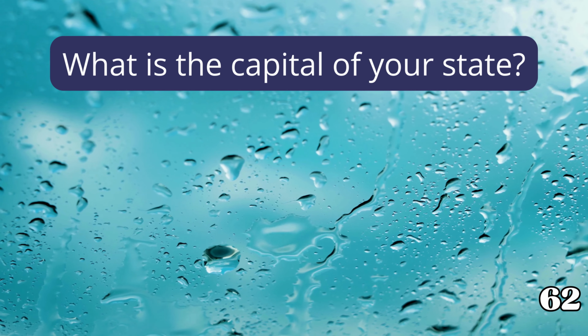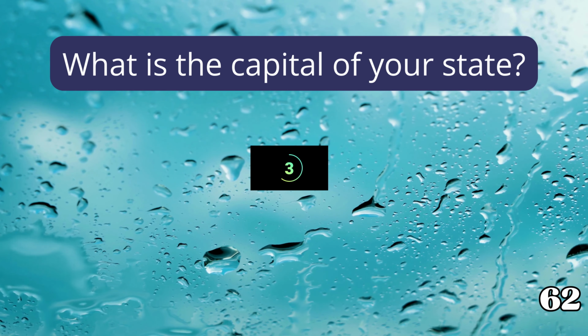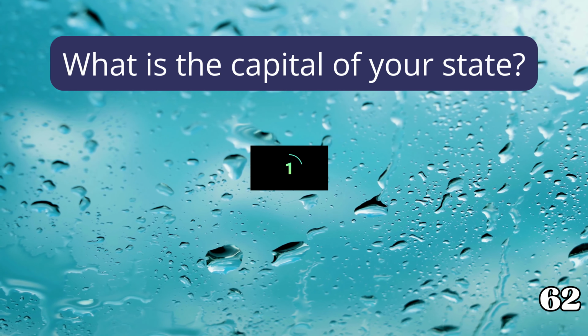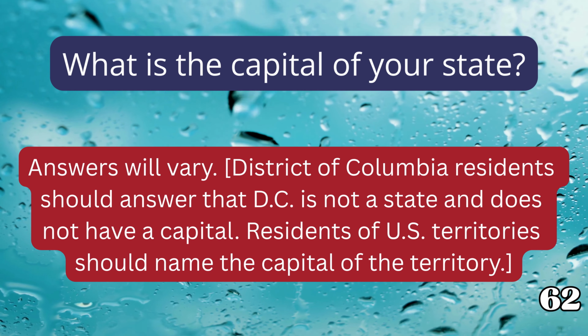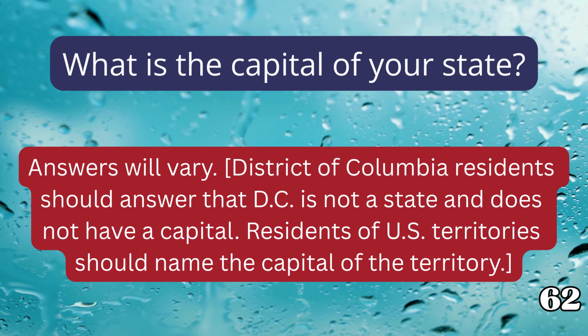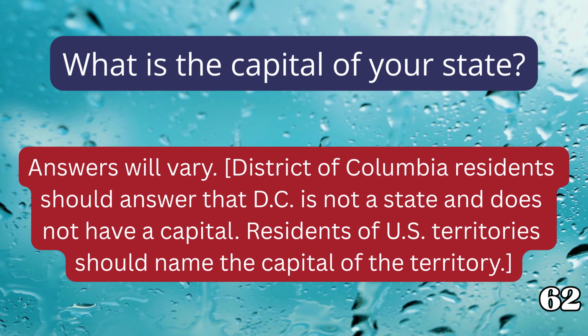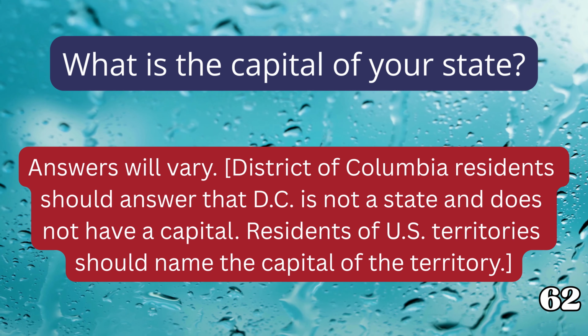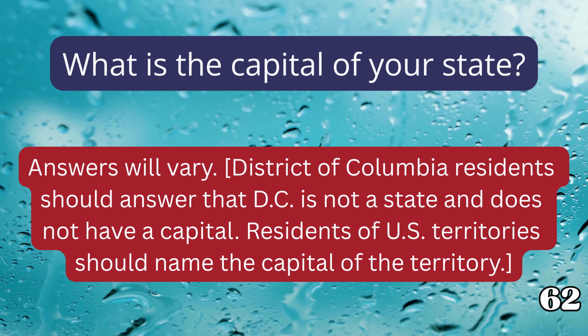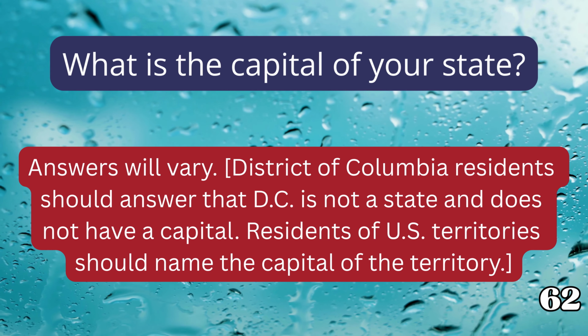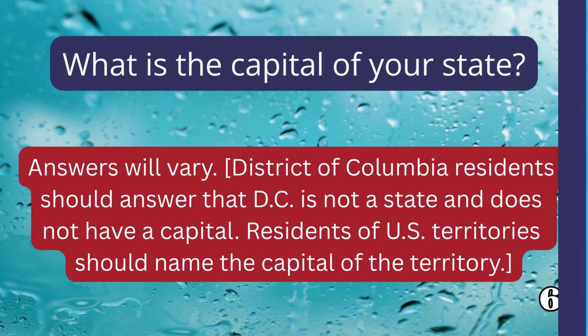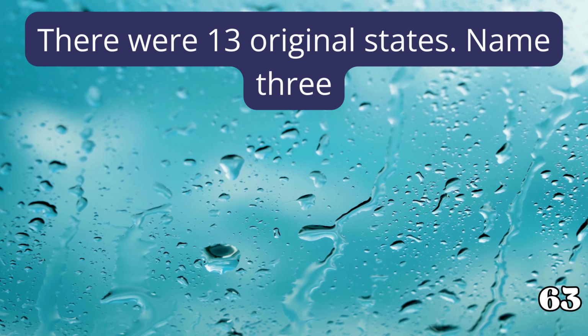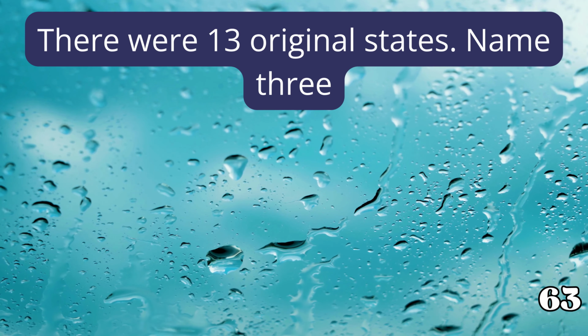What is the capital of your state? Answers will vary. District of Columbia residents should answer that D.C. is not a state and does not have a capital. Residents of U.S. territories should name the capital of the territory. There were 13 original states.